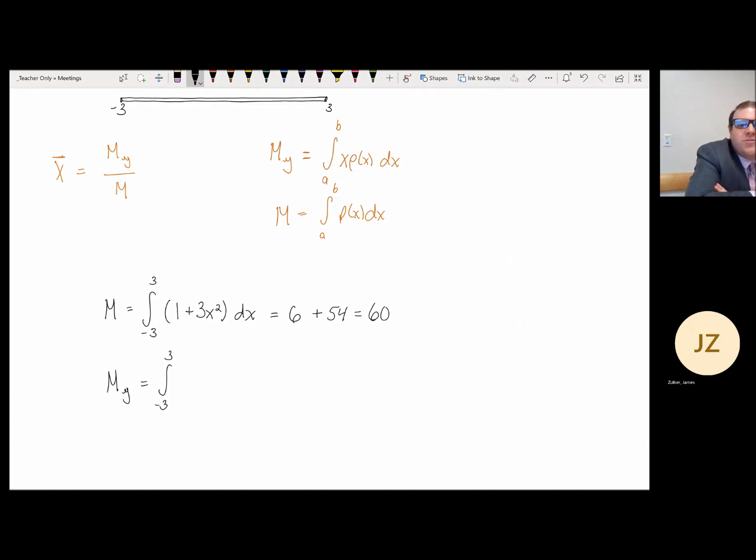Y moment, integral from -3 to +3 of x times your density.